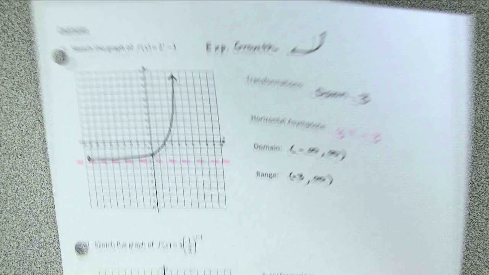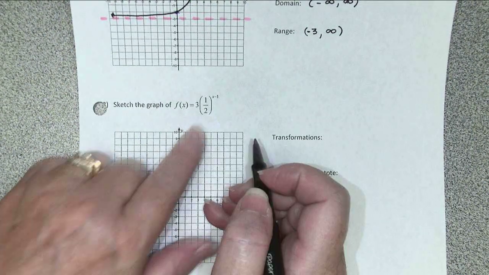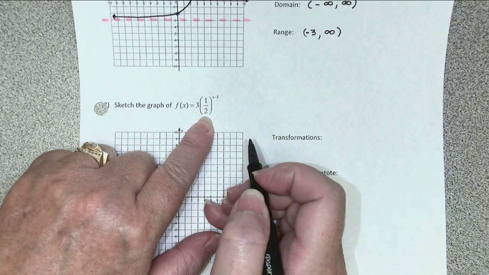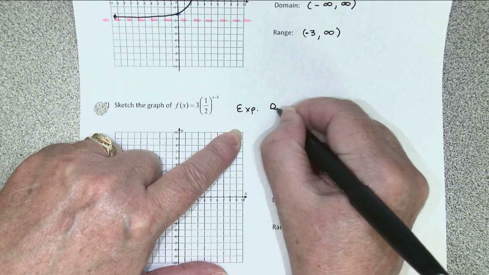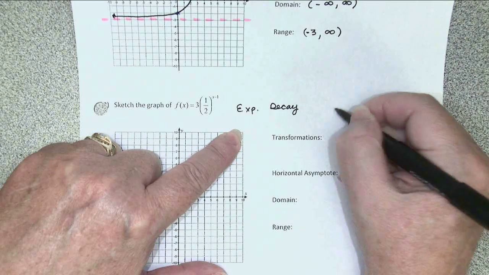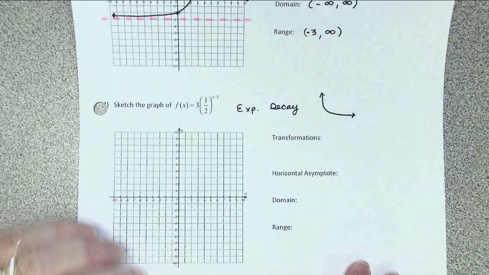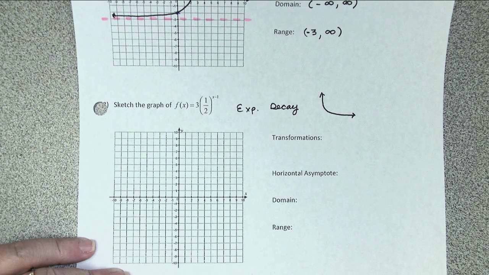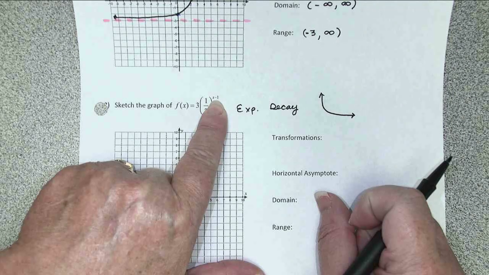All right, let's try another one. This time, notice my base is 1/2. So this is going to be exponential decay. And again, I'm just going to remind myself of what that looks like. As far as transformations, this graph has been moved to the right 1.